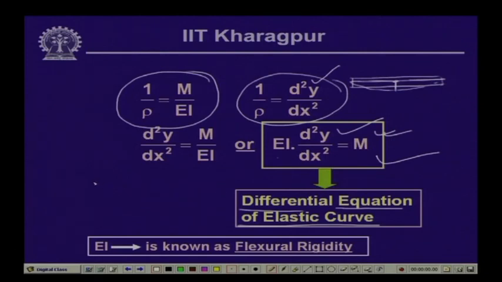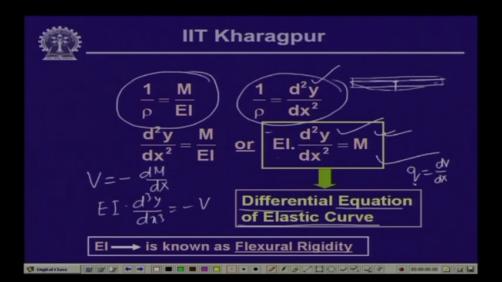like, as we know, the shear force V equals minus dM dx. Hence, if we take the derivative of this expression, we have E I d3y dx3 equals minus V, and as we know, q equals dV dx, where q is the loading on the beam, the distributed load q.